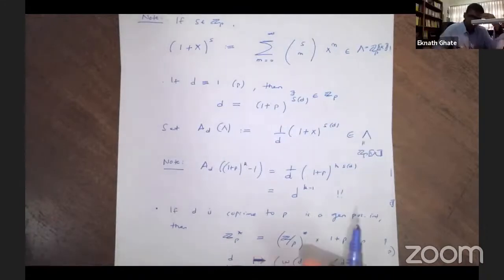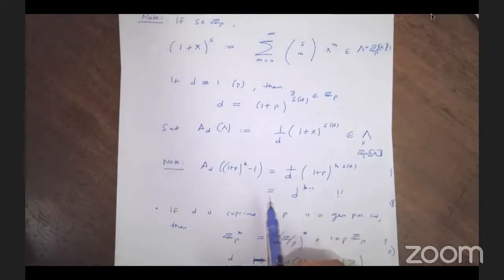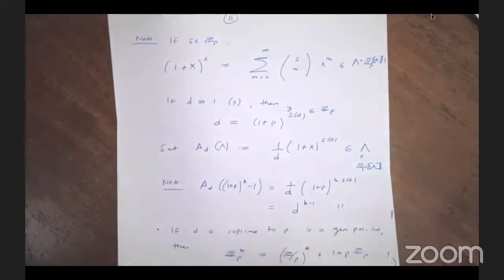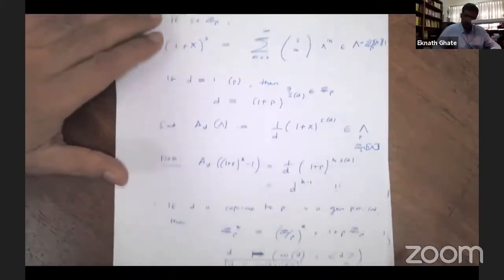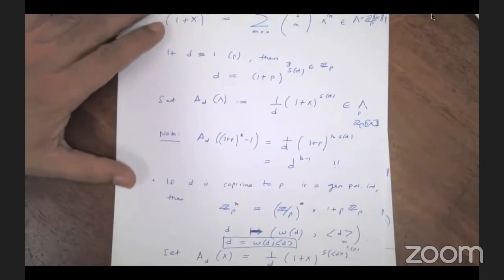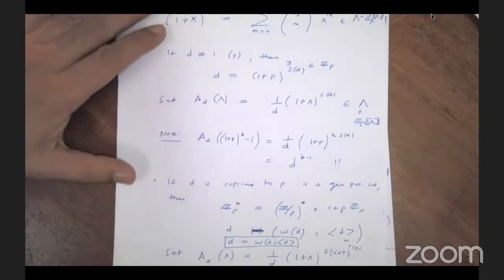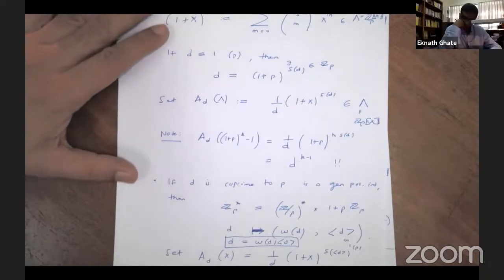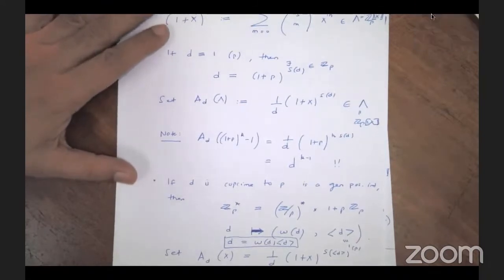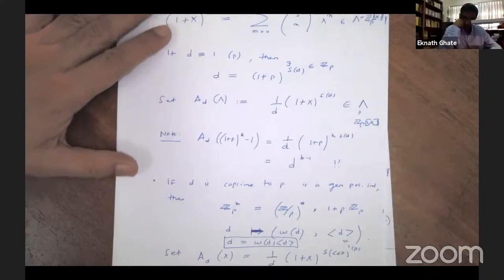Below, Z_p star. Yes, that's correct. So you can write it as some torsion part times some principal unit. Correct. So can we extend this theory to any local field? Yes, of course you can.